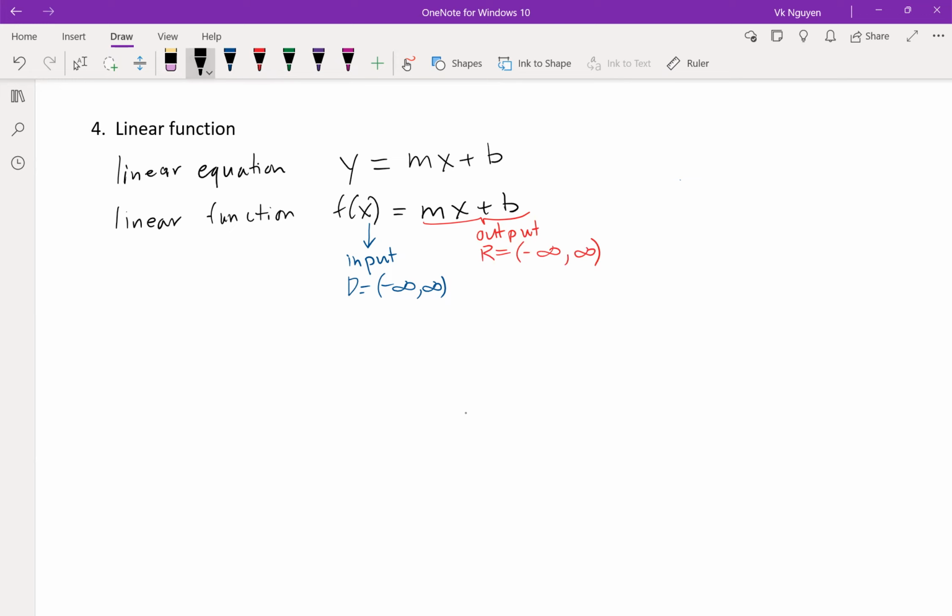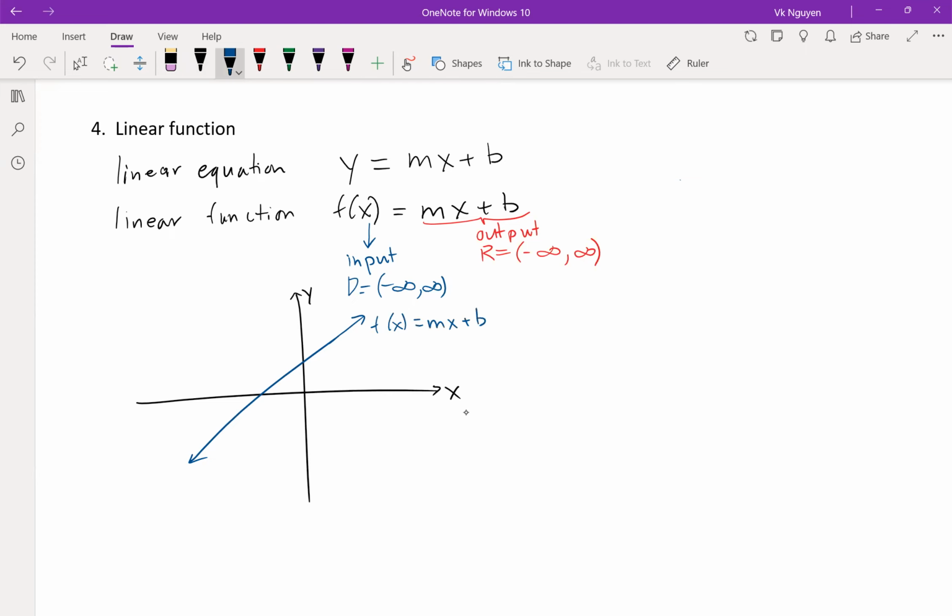There is a way to get the domain and the range. That is by graphing the linear function. Let's do a graph here. f(x) is mx plus b. We can get the domain by pushing the graph onto the x-axis.